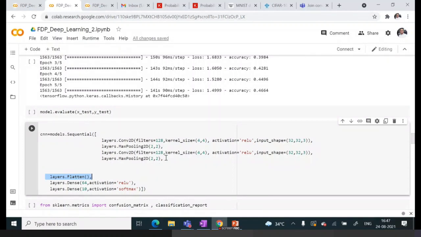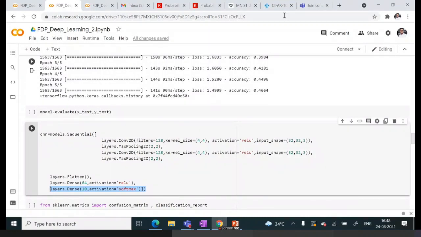I don't know what the dimension of my matrix or image will be after performing this convolution as well as pooling. The system will automatically detect how many neurons are required at the beginning. Then we have used one dense layer of size 64, and finally 10 neurons are required at the final layer because we have 10 different object classes.